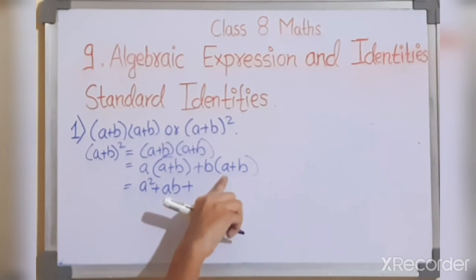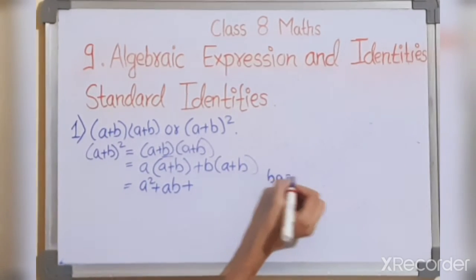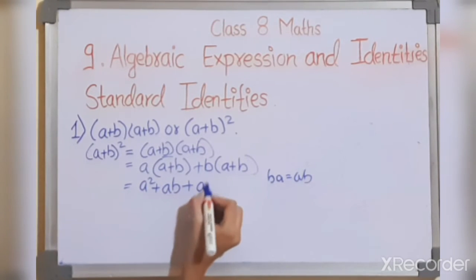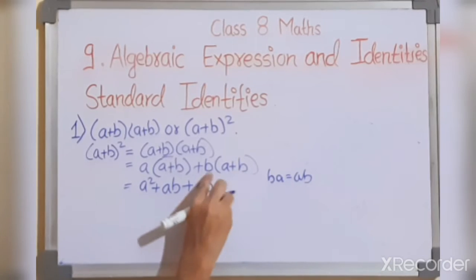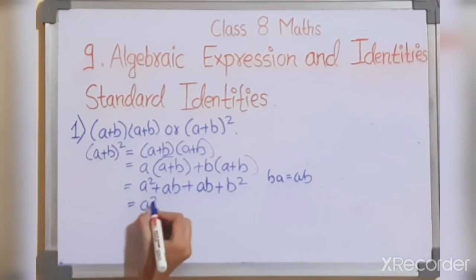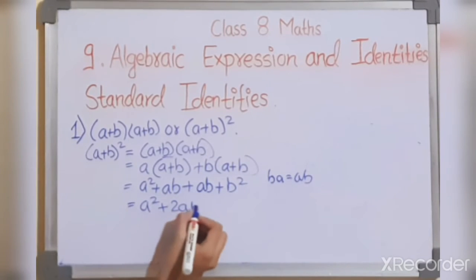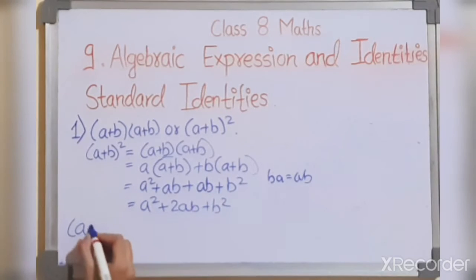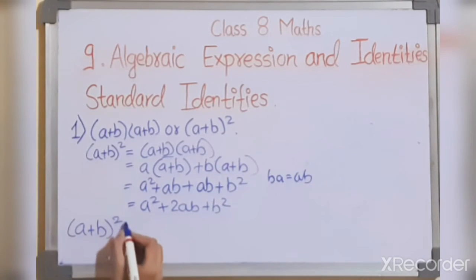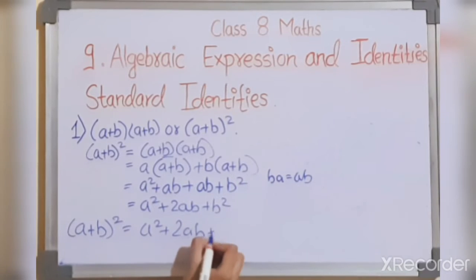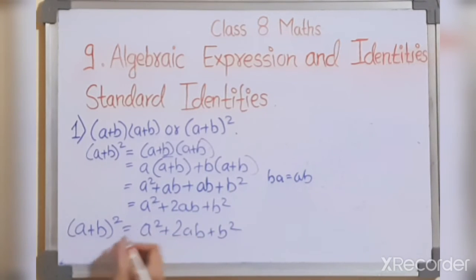But we can write ba as ab. Plus b into b is b². Here a² + 2ab + b². Thus (a + b)² is equal to a² + 2ab + b². So this is the first identity.